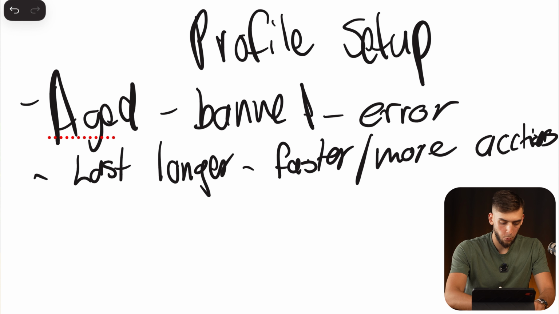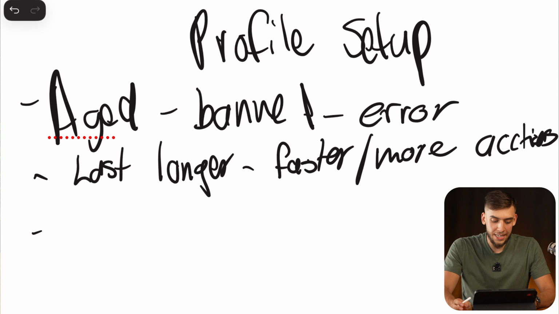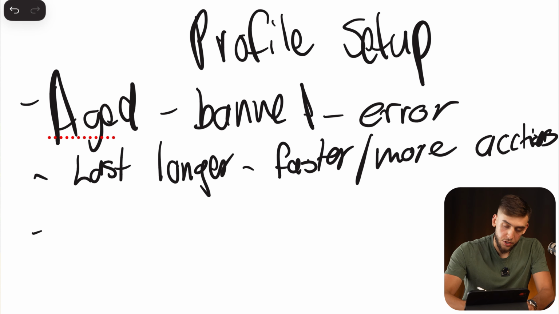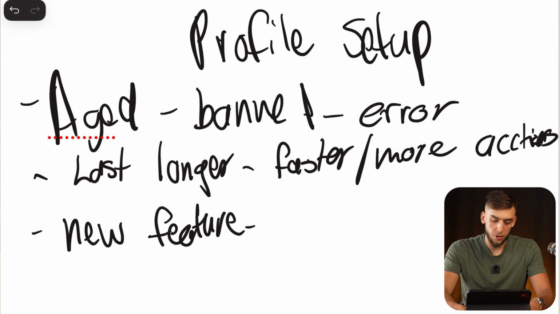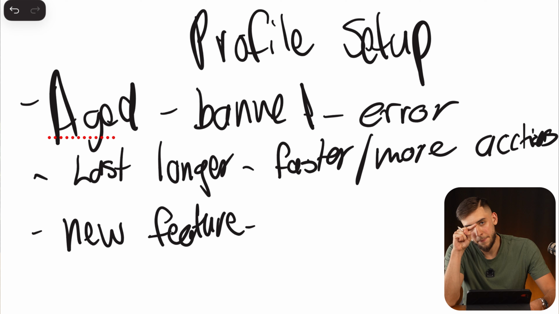Not only that, with aged accounts, what I have also seen is that there is obviously not the new feature. And what I mean about this new feature, this only, of course, pops up on new accounts, and it's at the top of the profile picture, at the bottom, it says new.